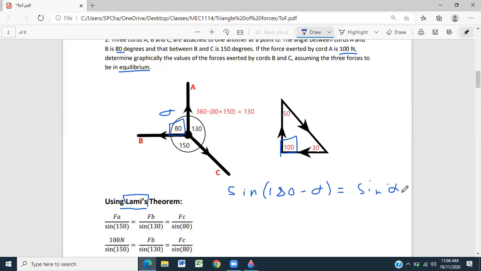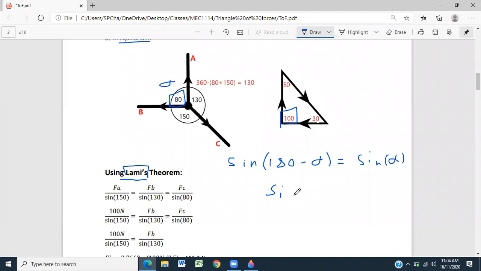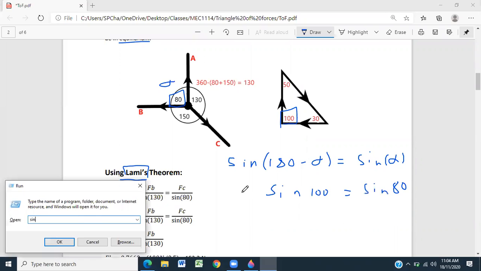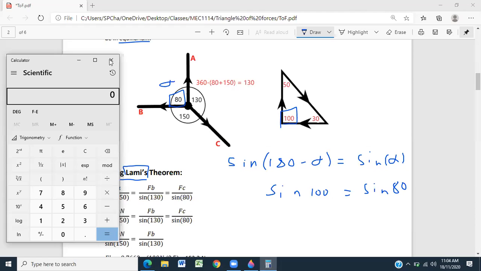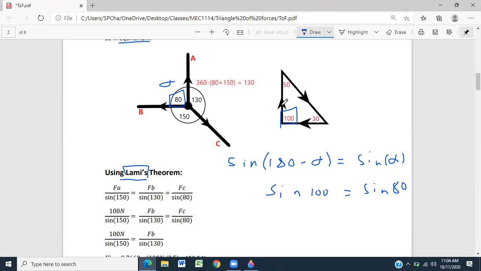So to test this out, take out your calculators and do sine of this here, which is 100, and then do sine of 80, and tell me what answers you get. The same thing. Yeah, okay, good. Now do sine of 130 and sine of 50.